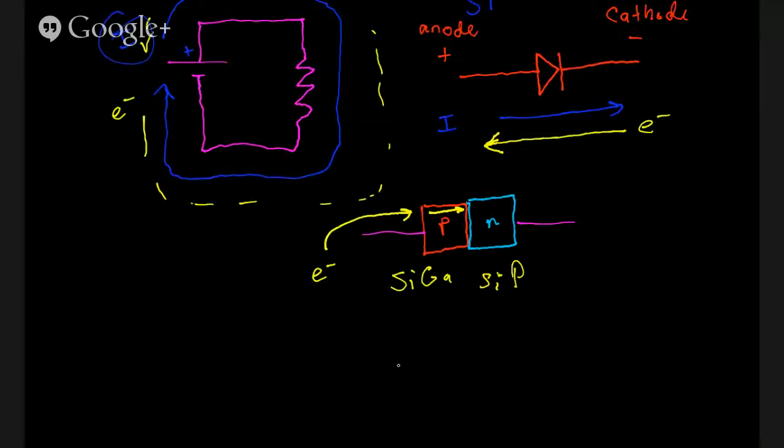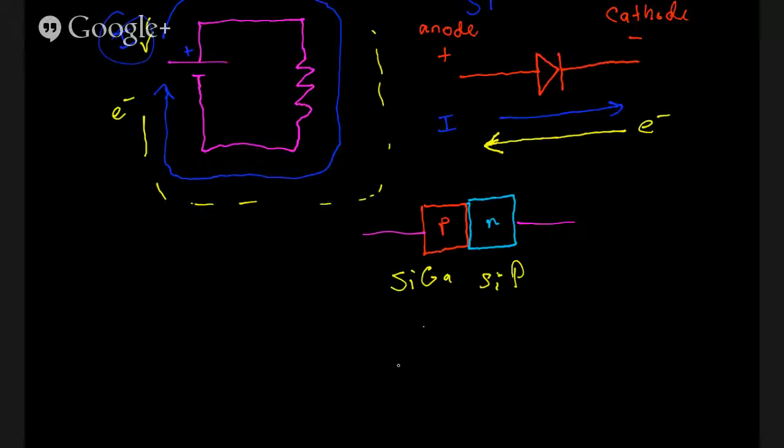So this will stop conducting, and we'll have no electrons at our cathode. Or if we think of it as conventional current, it can only flow from positive to negative, which makes sense. But it can't go from a low potential to a high potential. And so we end up with our diode here.